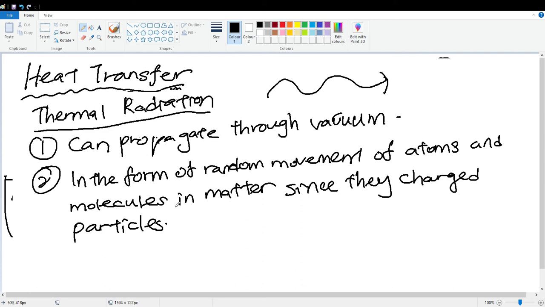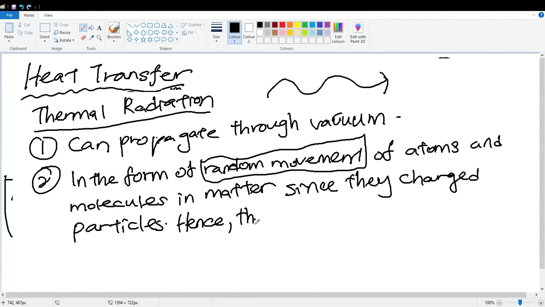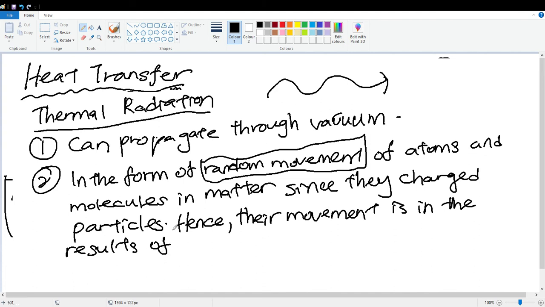Since they are able to move randomly, the movement results in electromagnetic wave.